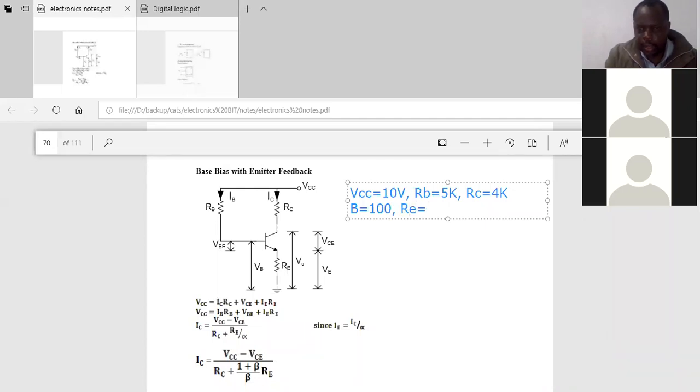RE is? RE was also 4 kilo ohms. That's what I think I recorded here. 4 kilo ohms, eh? Yes. And then, no, RE should be, I'm not sure, but it should be 6.